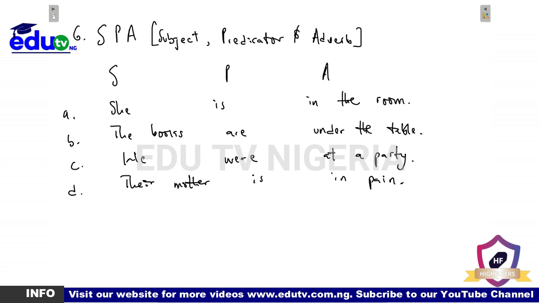Now, also take note, the adverb here is an obligatory adverb. It is obligatory. Don't forget that we told you that we could have an optional adverbial and an obligatory adverbial. If you have learned from our class on sentence elements, you would have known that we have optional adverbials and we also have obligatory adverbials.